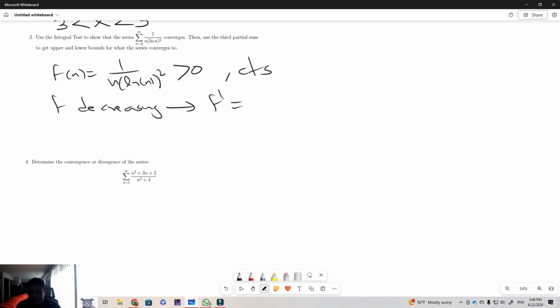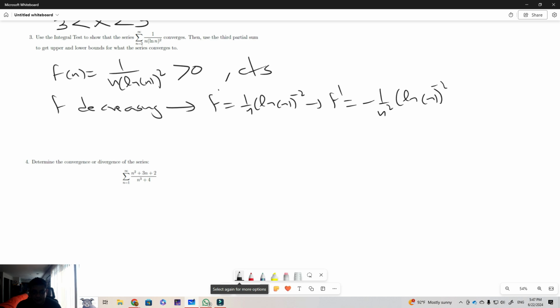If you consider this function as 1 over n times log of n to the minus 2, then that implies that f prime is going to be minus 1 over n squared times log of n to the minus 2, and then plus 1 over n, and then the derivative of this, which is going to be minus 2 log of n to the minus 3, and then times the derivative of log of n, which is 1 over n, so this is going to produce a 1 over n squared term.